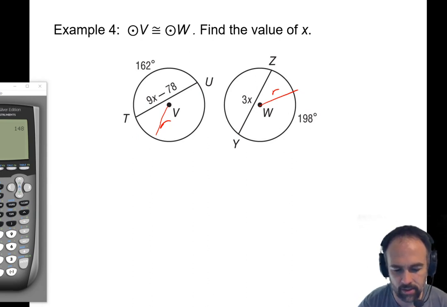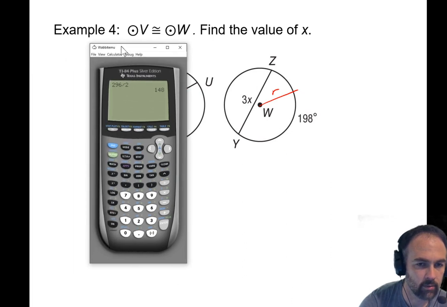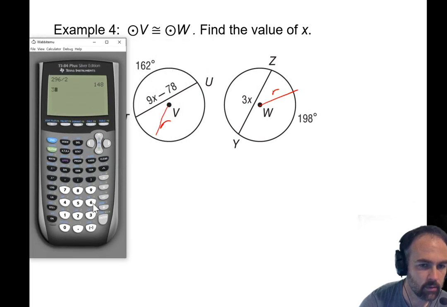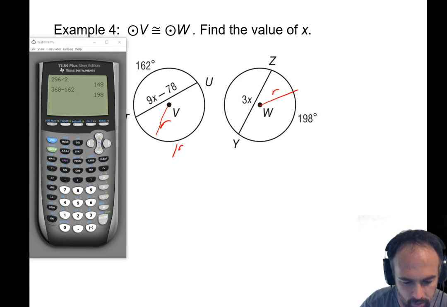Over here I've got 198. Well, I wonder, what is 360 minus 162? Hey, that is 198. So here we've got 198 degrees.